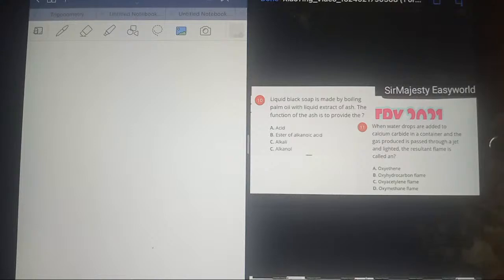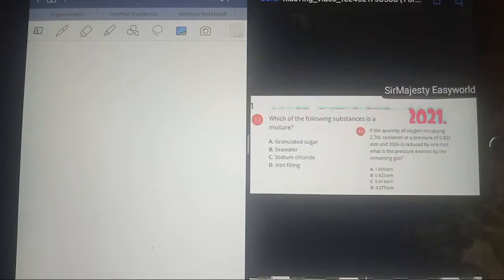Passing it through a jet which contains oxygen gives you oxyacetylene flame. So 12 says which of the following substances is a mixture? Granulated sugar is a pure compound, seawater is a mixture, sodium chloride is a pure compound, iron filling is an element. So the correct answer is seawater.